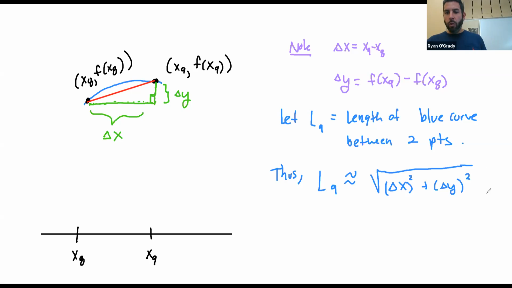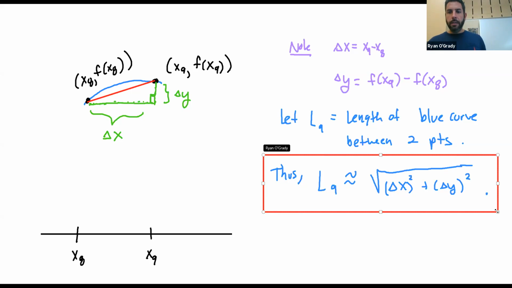That is nothing more than the Pythagorean theorem. So that's a very important piece. What we're saying is the length of that blue curve from the first point to the second point is approximately the length of that red line.